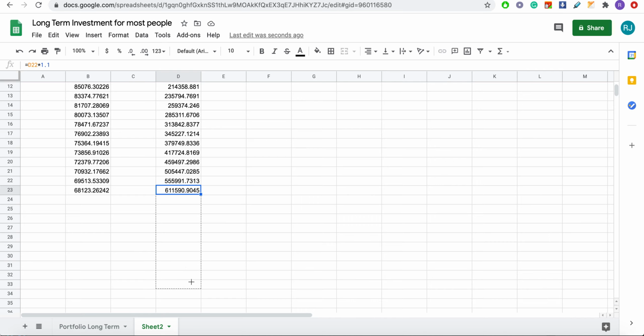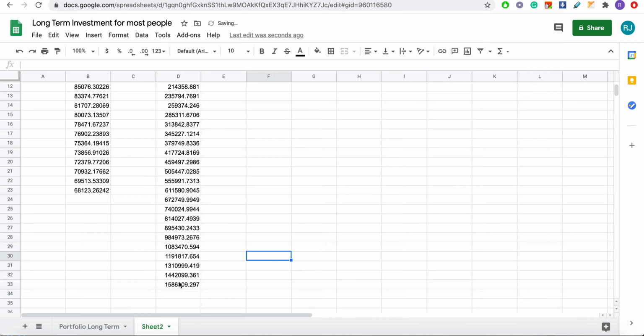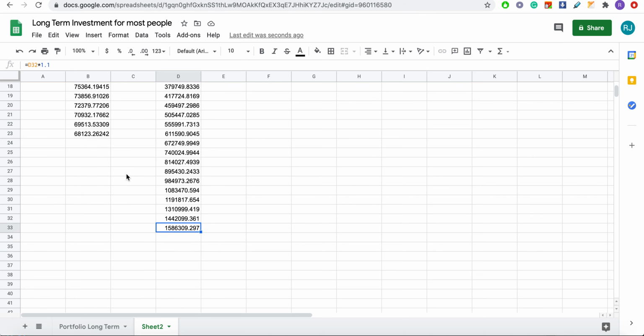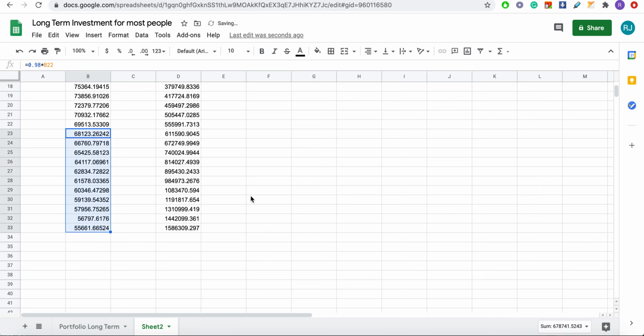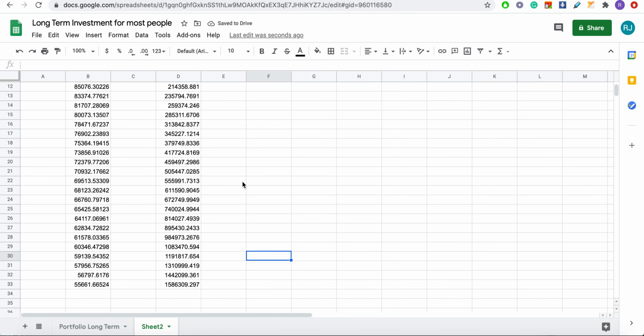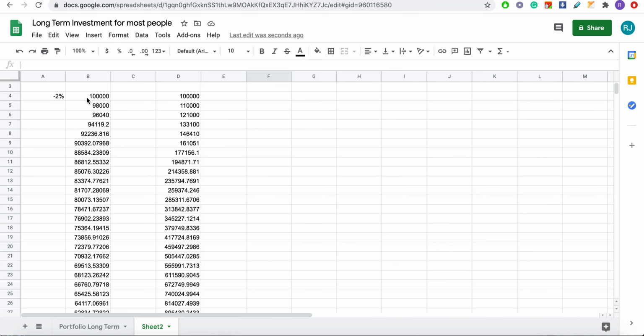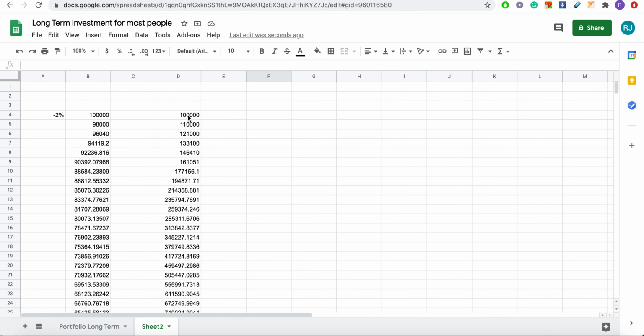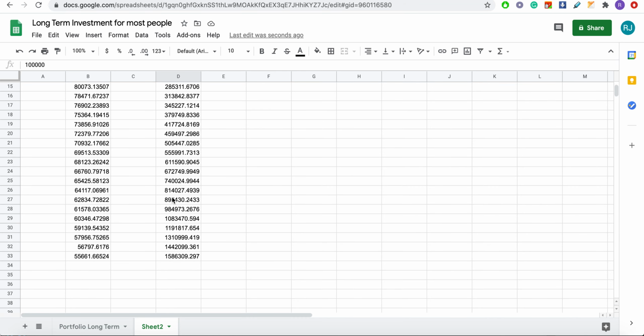At year 33, you have 1.58 million. There's no guarantee it will happen, but if history is anything, from 100,000 in cash you are at 55,000, and here you are from 100,000 to almost 1.6 million dollars.